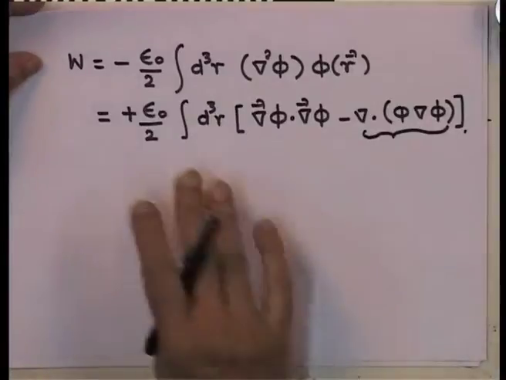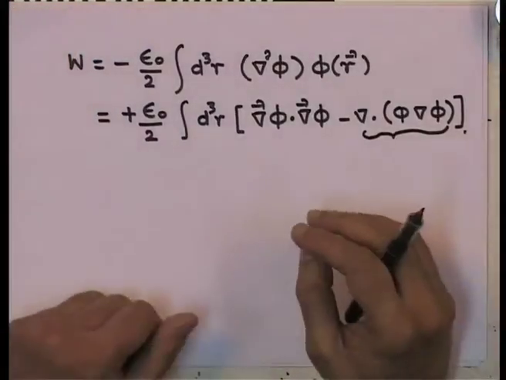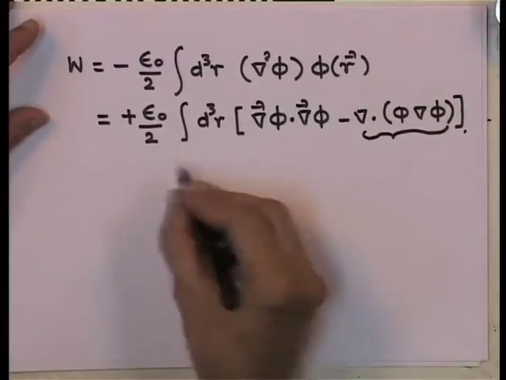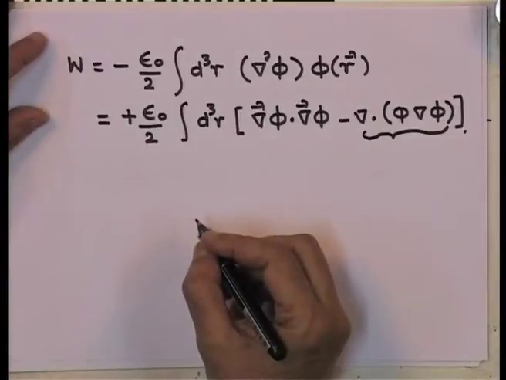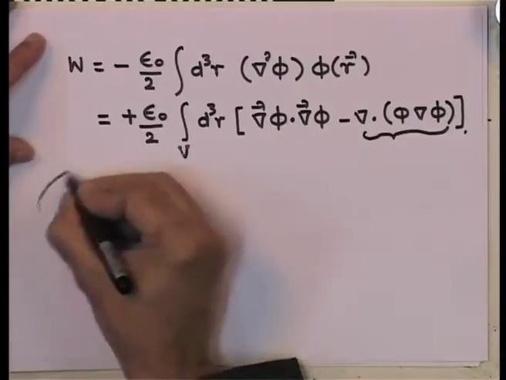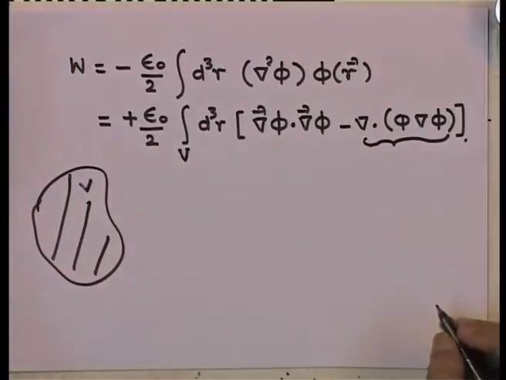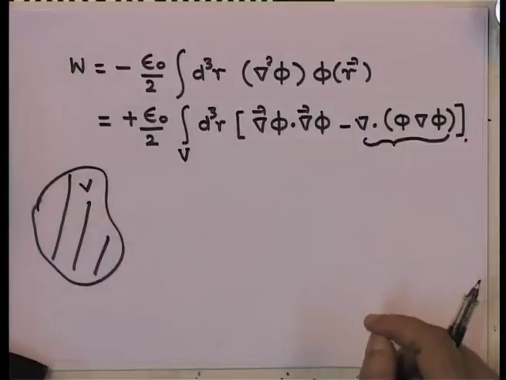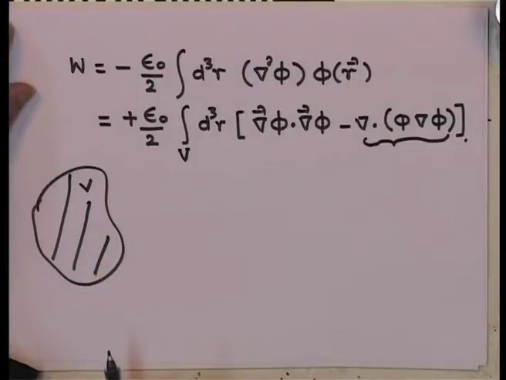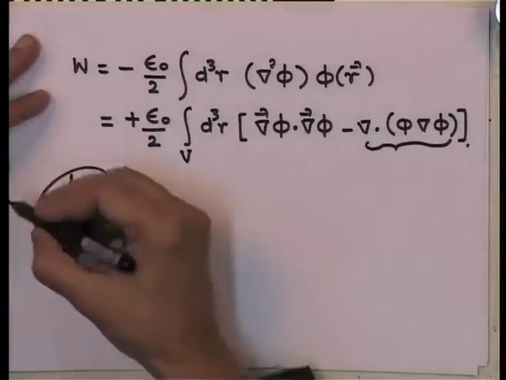This is the work done in assembling a continuous charge distribution. So, the volume over which this integral is taken is the volume of whatever system that you have. For example, this could be your volume V. But notice something interesting. I need not confine myself to this volume V. I could as well take any imaginary volume, for instance this one.